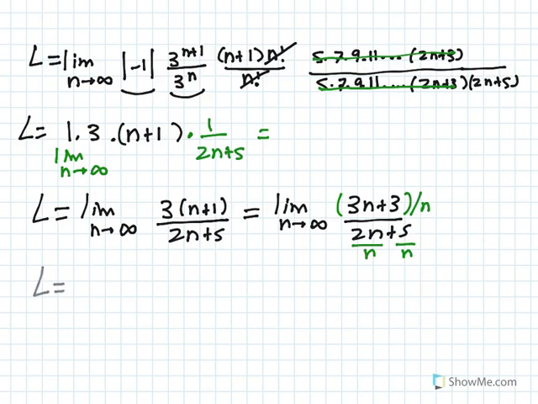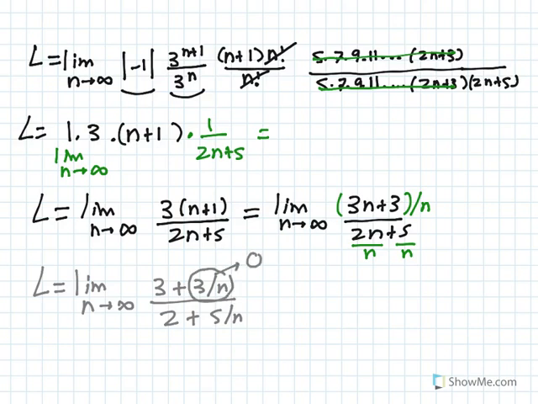So L is equal to limit n approaches infinity 3n divided by n, that gives us 3 plus 3 over n, divided by 2 plus 5 over n. Taking the limit as n approaches infinity, 3 over n approaches 0, 5 over n similarly approaches 0. The result is 3 over 2, which is bigger than 1, which means the series diverges.